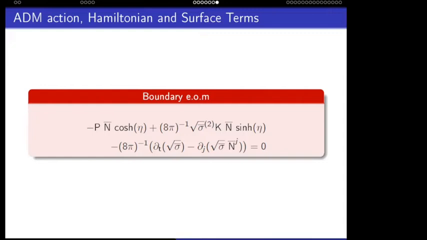So can you write down some type of equation which would look like some projection of Einstein equations taken at the boundary, which would coincide with this one? I'm not sure if this is a projection of the Einstein equations. But then how does this follow from that?